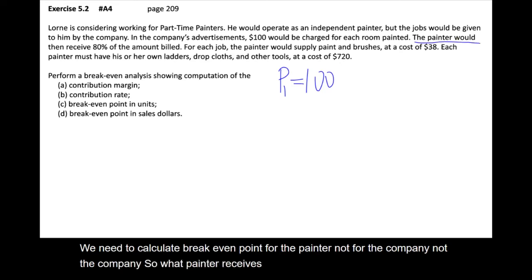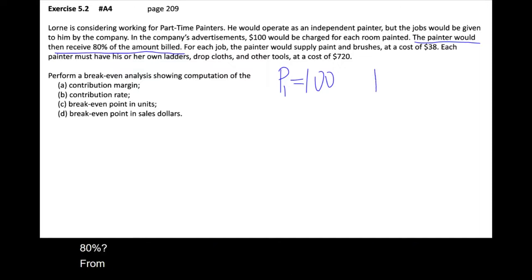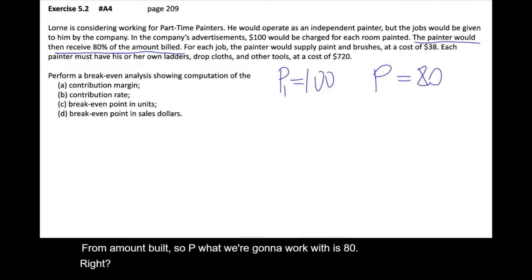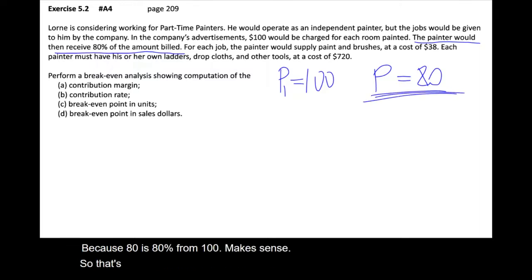The painter would receive 80% of the amount billed. So what we're gonna work with is 80, because 80 is 80% of 100. Make sense? So that's the number we're gonna work with as P.